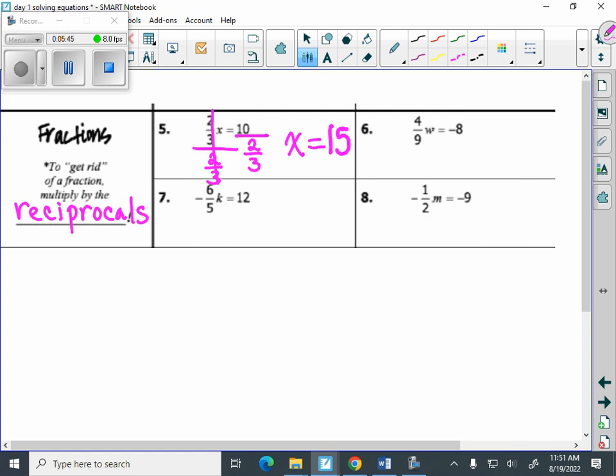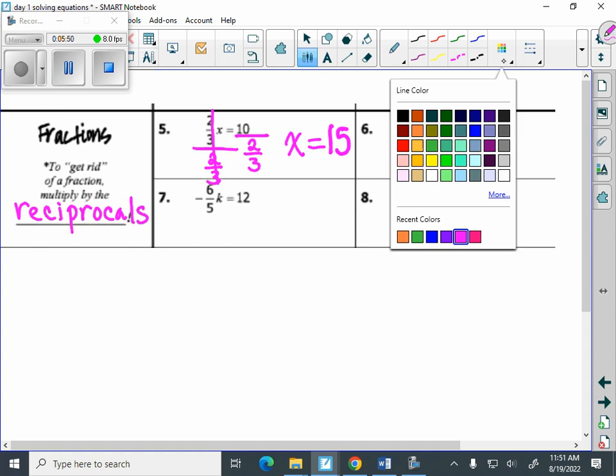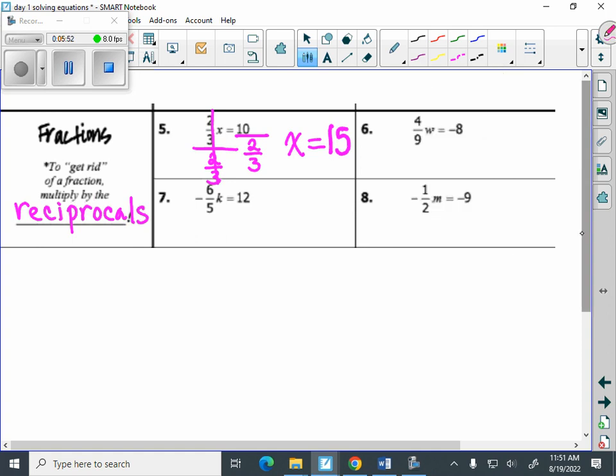If we want to go the reciprocal route, here's how the reciprocal method works. It's 4/9 times w. The reciprocal of 4/9, meaning we flip the fraction, is 9/4. So we're going to multiply by 9/4 here, and multiply by 9/4 over here.